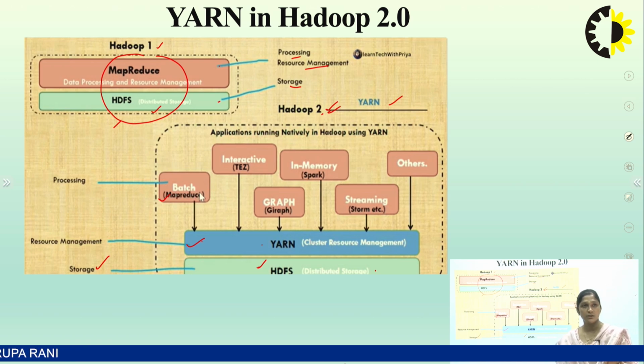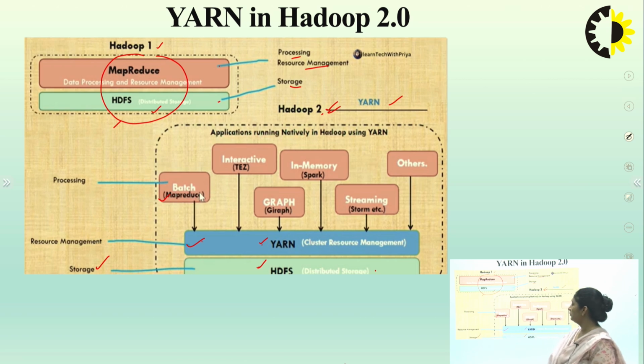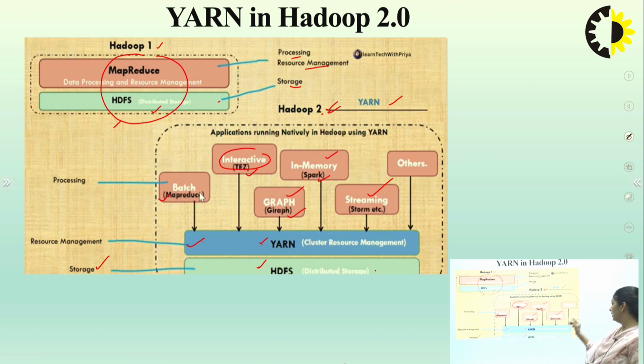If we process, we can process only the historical data that comes in batch processing. But after coming of Yarn, we can do interactive processing with the help of this component Tez, in-memory computation with the help of Spark, graph processing through Giraph, and real-time data processing with Storm, and others also exist.